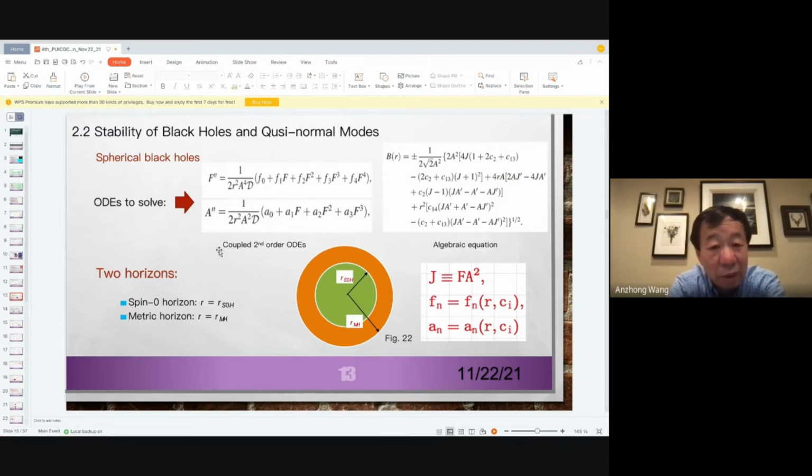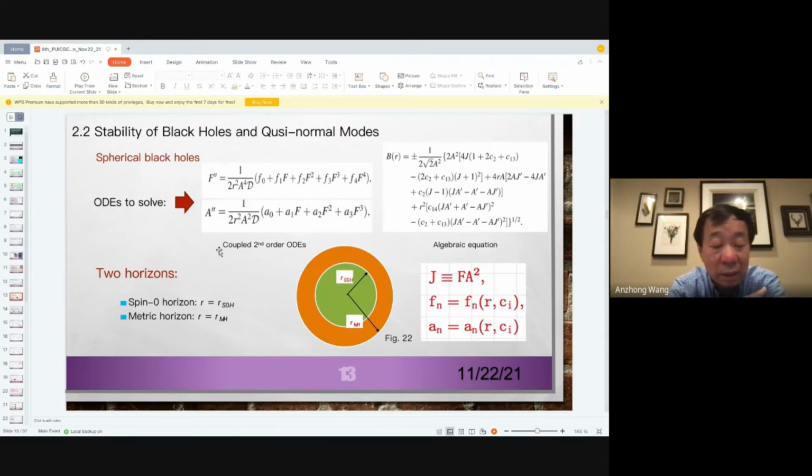The most important difference is that there are two horizons in this theory with spherical symmetry. First is spin 0, because remember we have spin 0, spin 1, spin 2. But the spin 1, spin 2 modes will not appear with spherical symmetry. Only spin 0 appears. The speed of the spin 0 graviton is larger than the speed of light.